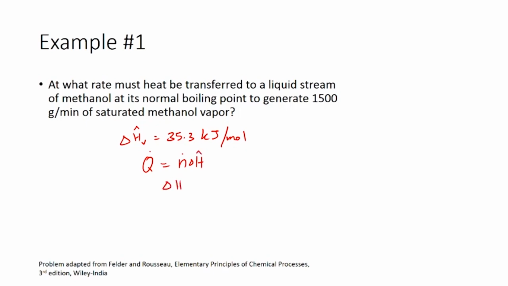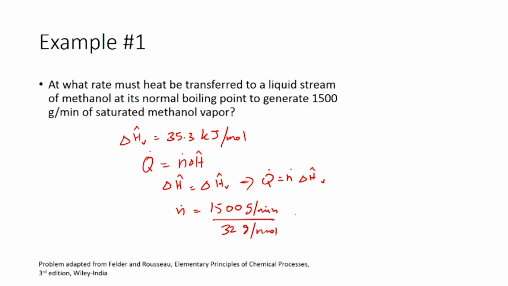Here delta H cap would be equal to delta H cap V, because the only process happening is change in phase. So, Q dot is equal to N dot times delta H cap V. N dot can be calculated from the mass flow rate using the molecular weight. Mass flow rate is 1500 grams per minute. Molecular weight of methanol is 32 grams per mole. This gives you N dot.